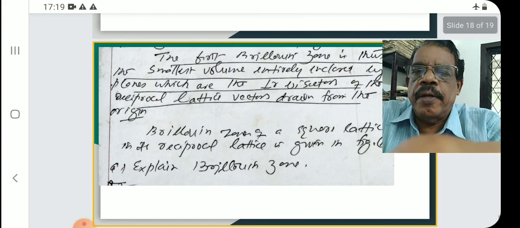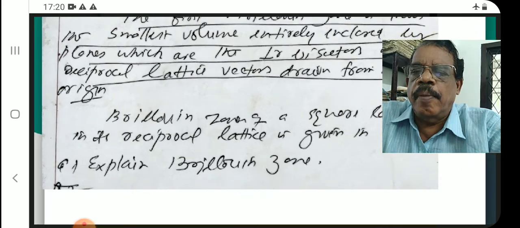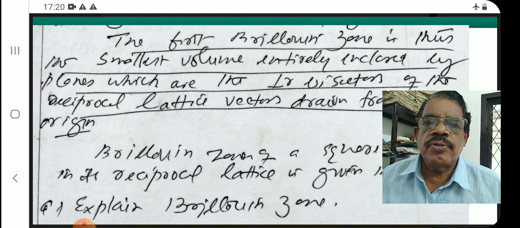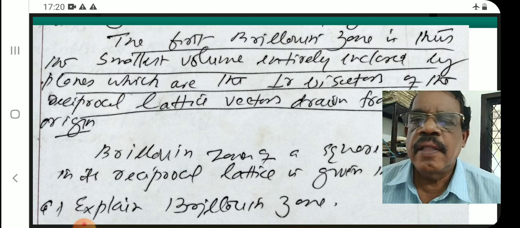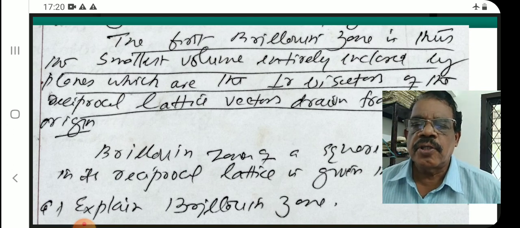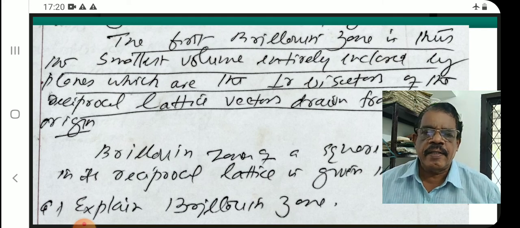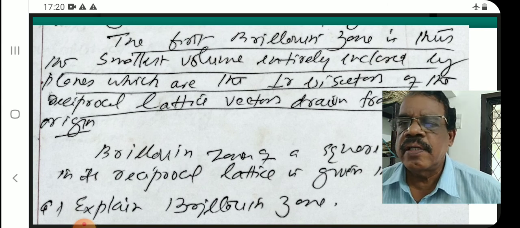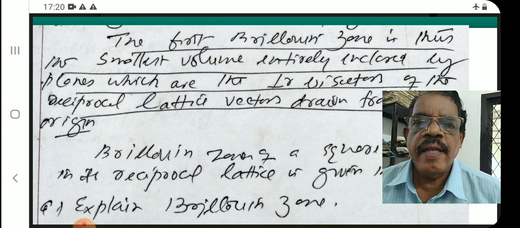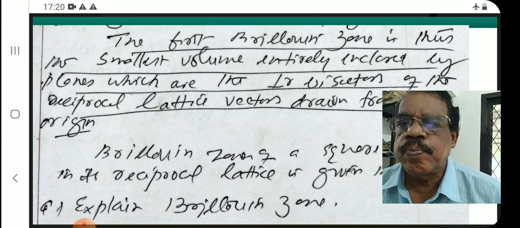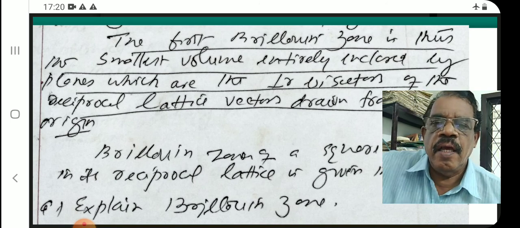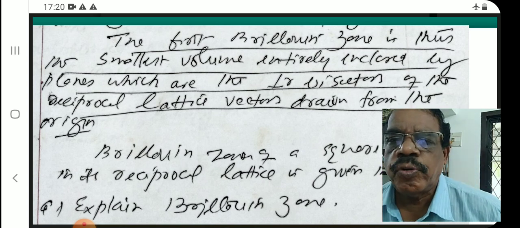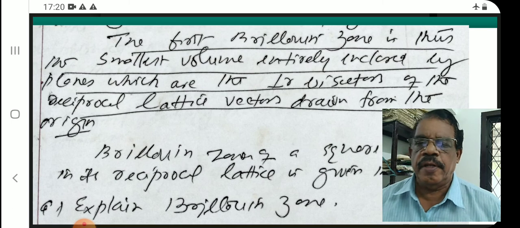One more point about the Brillouin zone. The first Brillouin zone is thus the smallest volume. Since the crystal is three-dimensional, volume is more correct than area. The first Brillouin zone is thus the smallest volume entirely enclosed by planes which are the perpendicular bisectors of the reciprocal lattice vectors drawn from the origin.